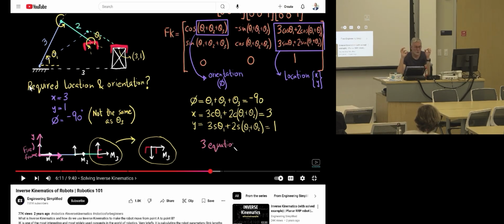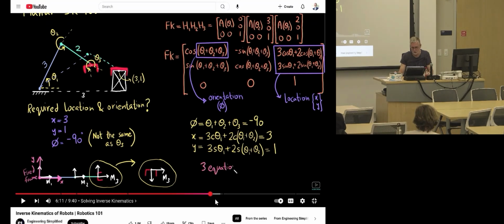That works for really, really simple robots, but anything decently complex, it doesn't, and you need numerical techniques to do it. Okay, so if you can solve it analytically, that's amazing, and that's what he's doing in this particular case.